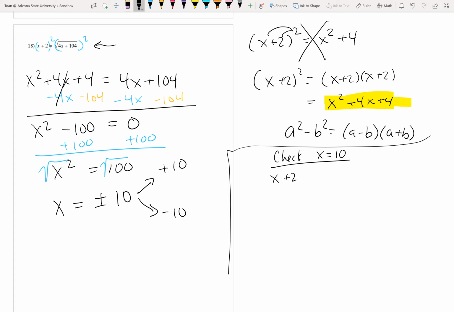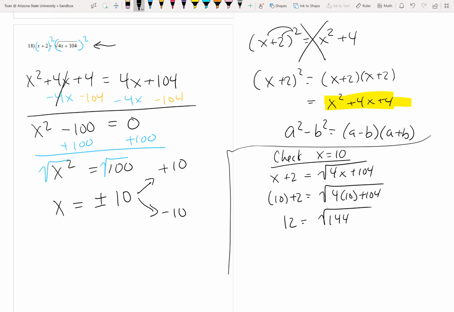So we're going to check it into the original equation here. So plug it in. You get 12 equals the square root of 40 plus 104, which is 144, and indeed 12 equals 12. So 10 is a good answer.